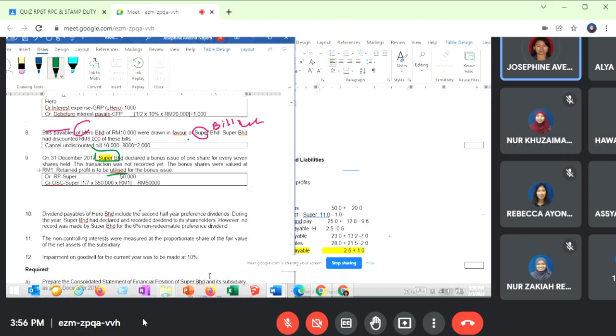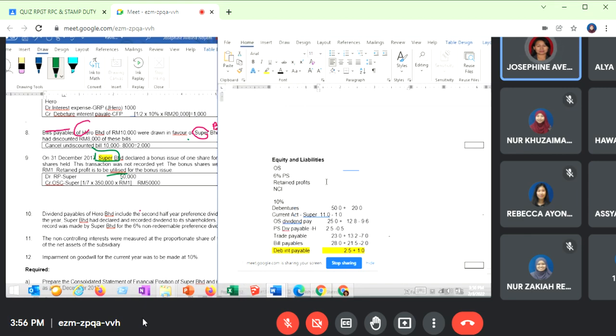So we go to the equity, because we're dealing with ordinary share capital. The ordinary share capital of Super, which is supposed to appear in the group account, is going to increase by 50,000.